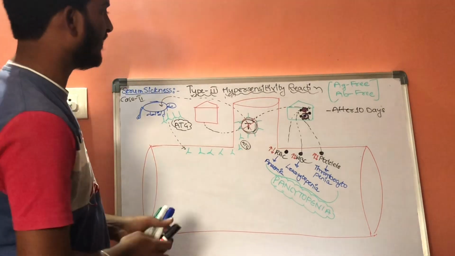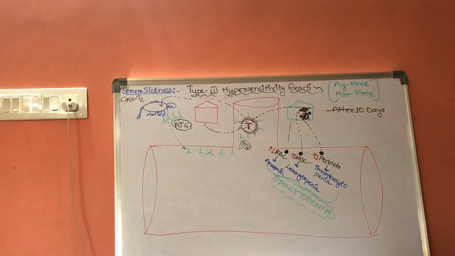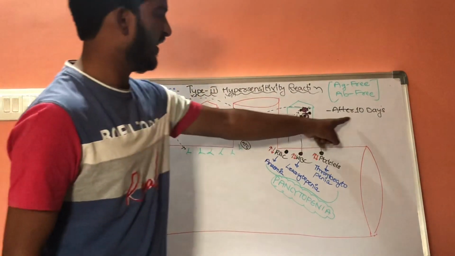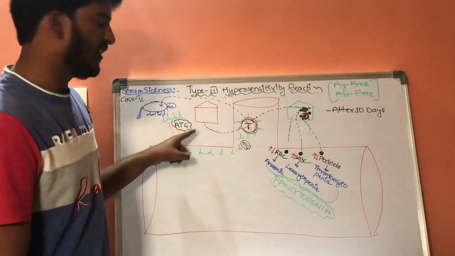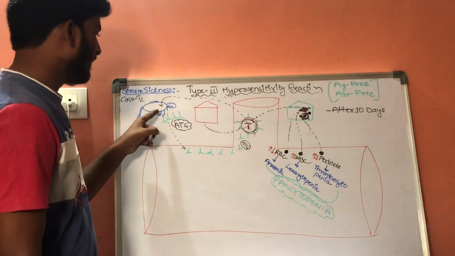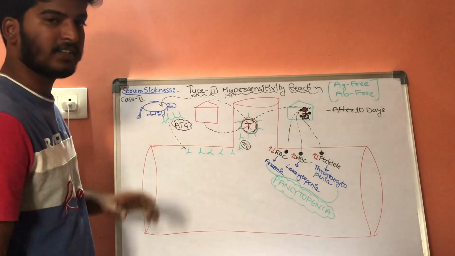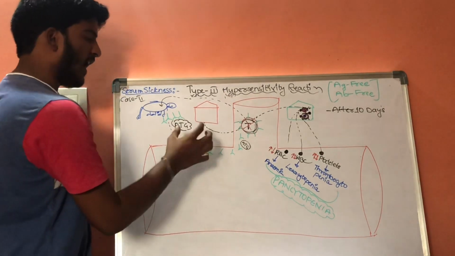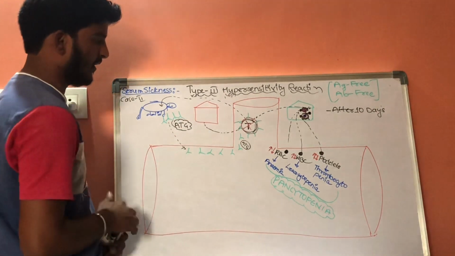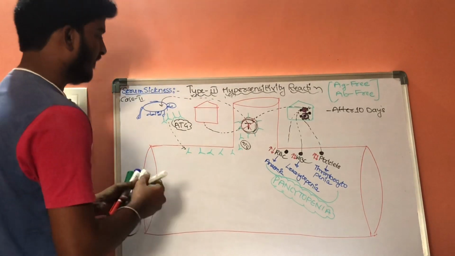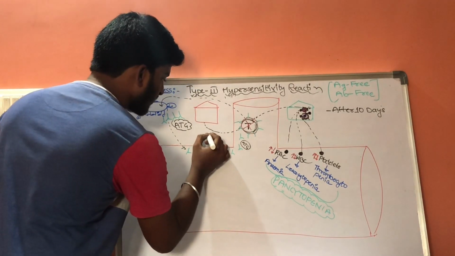In case 2, after 10 days, the anti-T globulins which are injected into human beings, which are taken from the horse, are foreign materials to our body. Now these antigens will reach the immune headquarters.